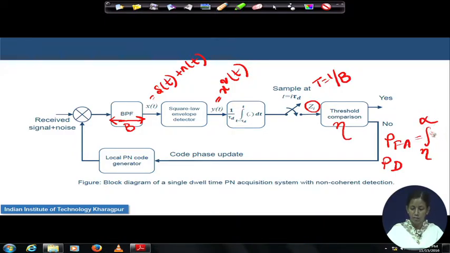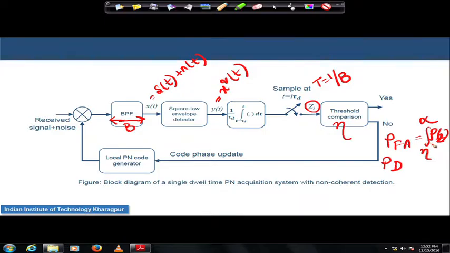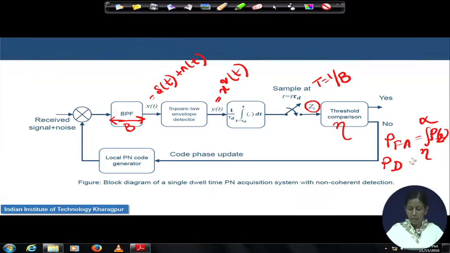But remember that for the probability of false alarm, the only difference is that this is the PDF in the absence of the signal, and in the case of the probability of detection, the integration will run with the PDF that we obtained when the signal was present. So, it is basically a substitution of the PDF of z in the presence and in the absence of the signal. Presence of the signal will tell you the detection probability, absence of the signal will tell you the false alarm probability.